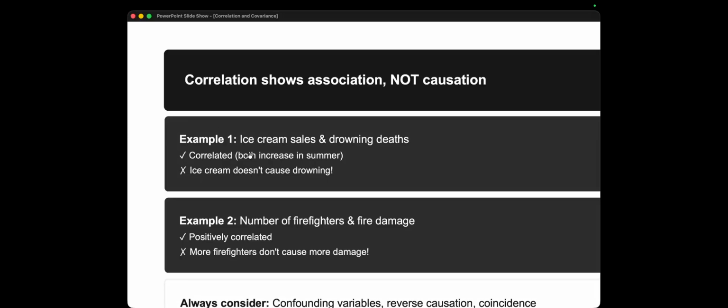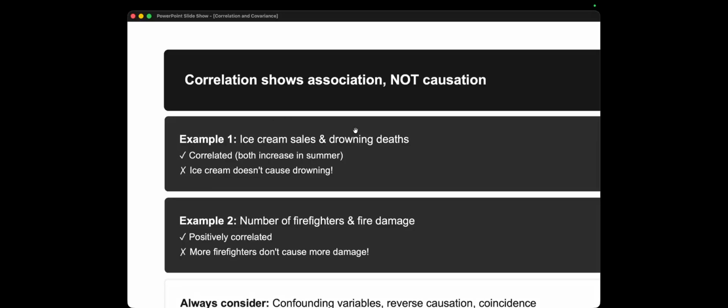Now, if we check together two data sets or two columns, ice cream sales and drowning deaths, how many people died because of drowning and how many ice creams are being sold. If you check the correlation, it will be high, right? Why would it be high? Because the more ice cream is being sold, we always find more people dying because of drowning. Now, does this cause this?